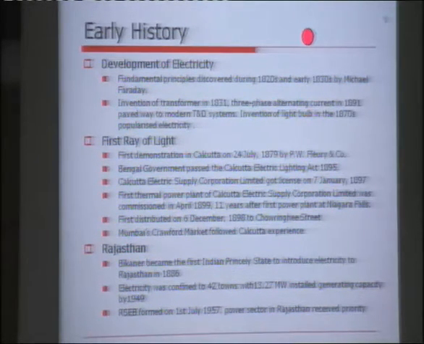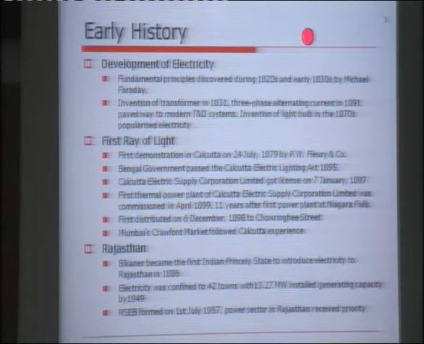The principle of electricity was discovered in 1820 and 1830, and the transformer was invented in 1831. And this I am telling you because very few people know about these backgrounds.